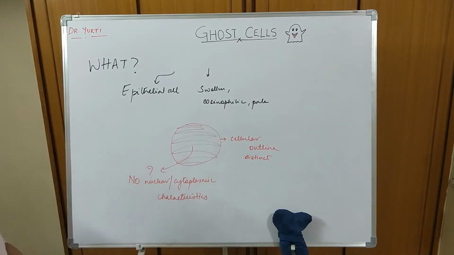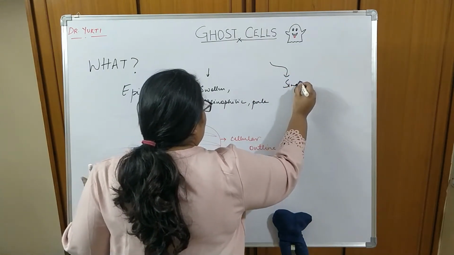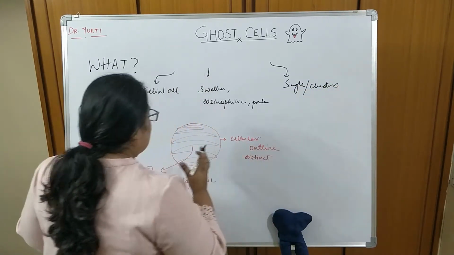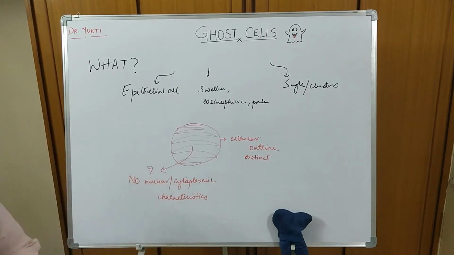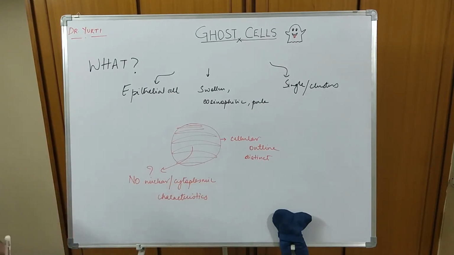Then these ghost cells can either appear as a single cell or in clusters or sheets. So 2-3 epithelial cells can join together to form a complete eosinophilic sheet. Okay. So this answers the what of ghost cells.